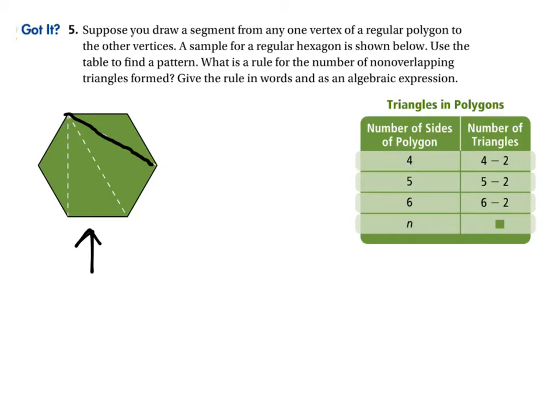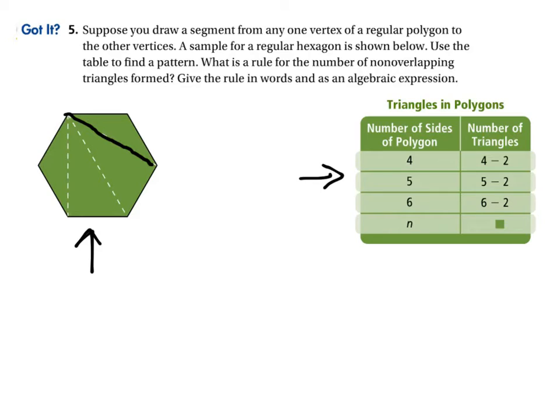Use the table to find a pattern. What is the rule for the number of non-overlapping triangles formed, meaning the triangles should not overlap one above the other? Give the rule in words and as an algebraic expression.